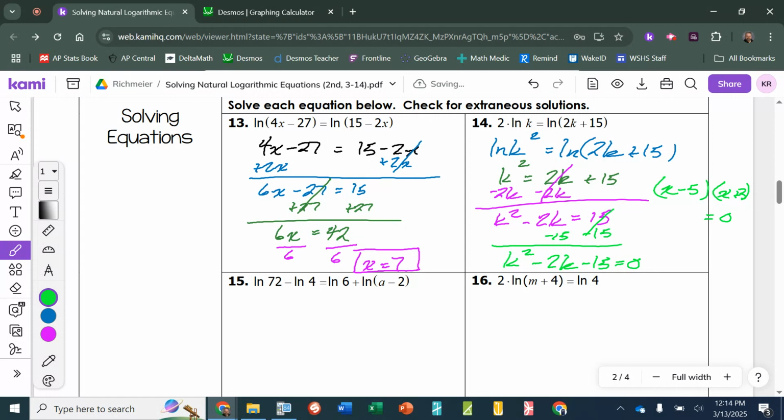So now I'm going to use the zero product property, which just simply says if I'm multiplying two things together and their product is 0, then one of them has to be 0. So for the x minus 5, if I solve that for x, I'll get x is equal to positive 5. And if I solve the second one, x plus 3, I would get x is equal to negative 3.